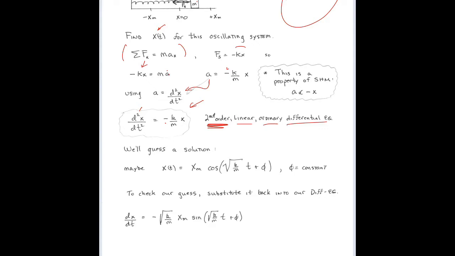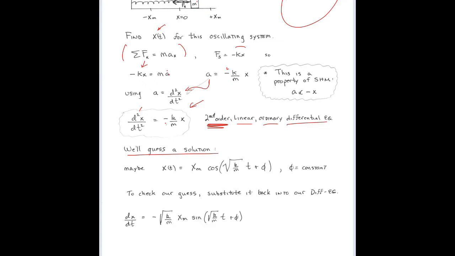One way they teach you how to solve these in differential equations is you guess a solution out of thin air. We're using a little bit of insight to guess a solution. The insight we have is here's a function x, you take two derivatives, you get minus a constant times the same function back.